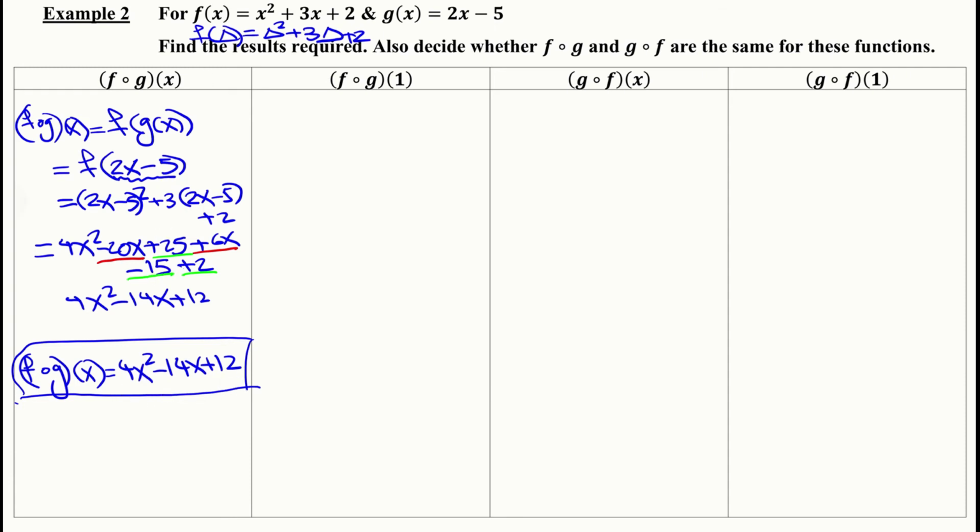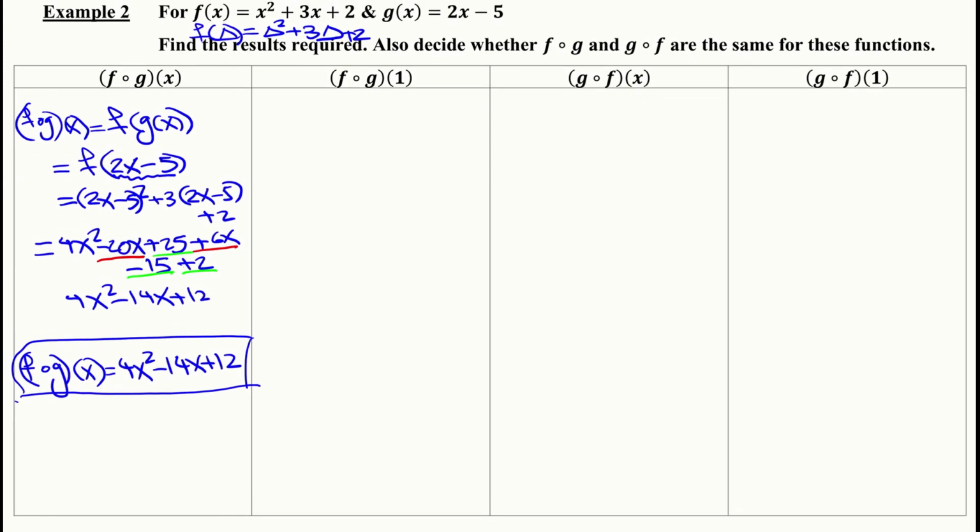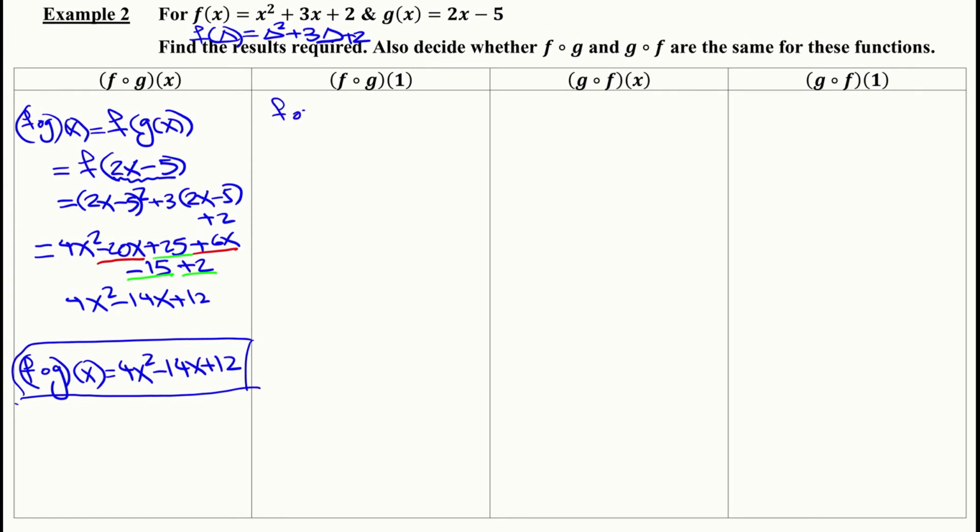So we end up with f circle g of 1 equals 4 times 1 squared minus 14 times 1 plus 12, which is, of course, just 4 minus 14 plus 12. 4 minus 14 is negative 10, plus 12 will give us positive 2.